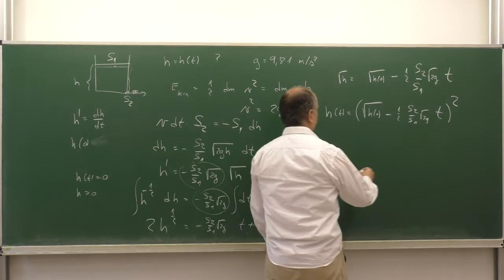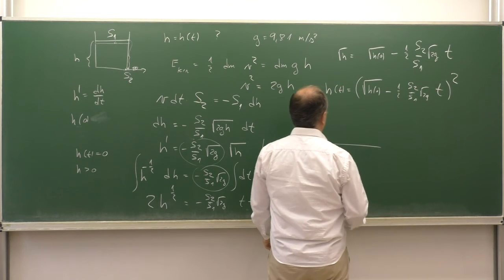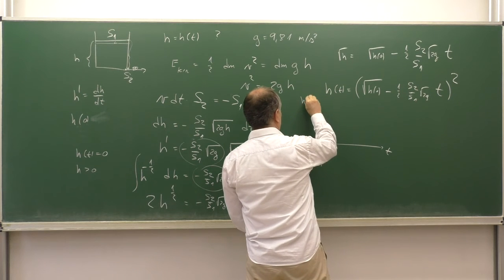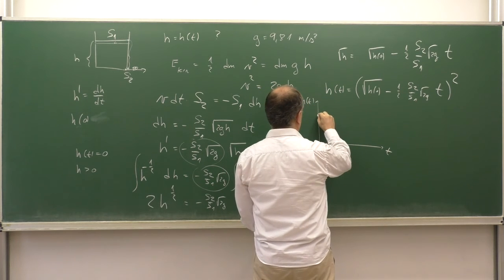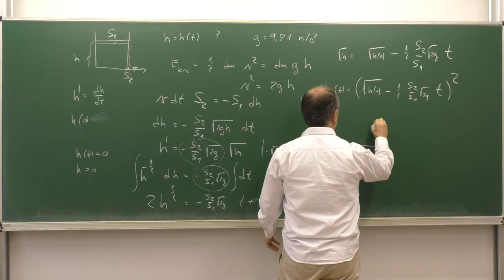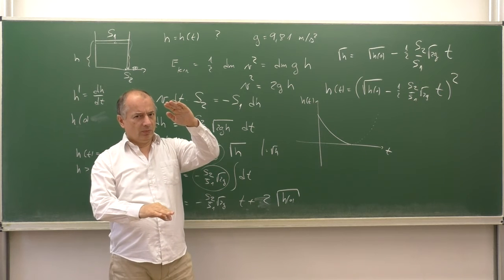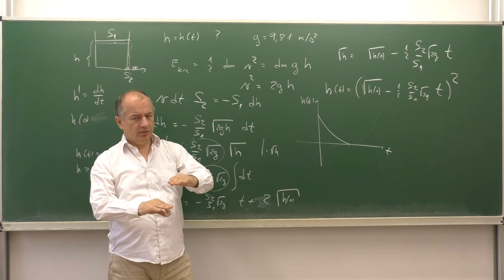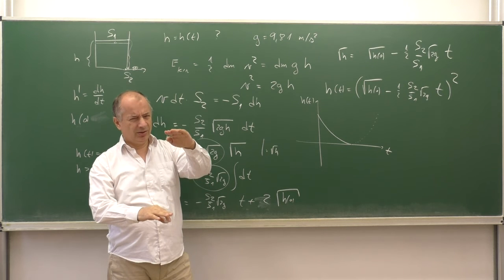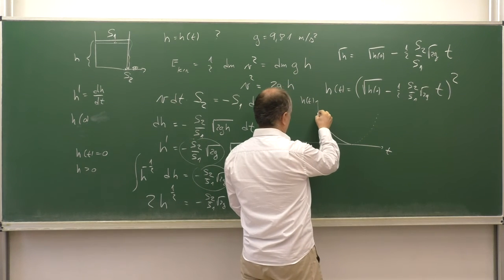So the graph is parabola. And as a function of t, the height h then looks something like that. The parabola would continue this way, but this is not very physical. The level goes down, water flows out, and the level doesn't go up again. It doesn't go up, it stays at 0.